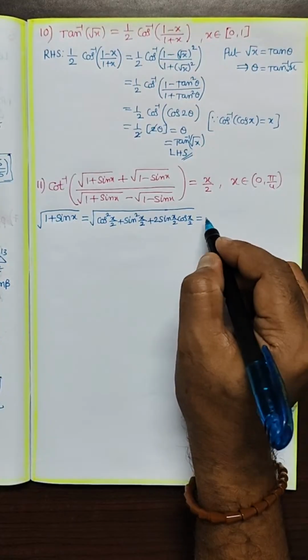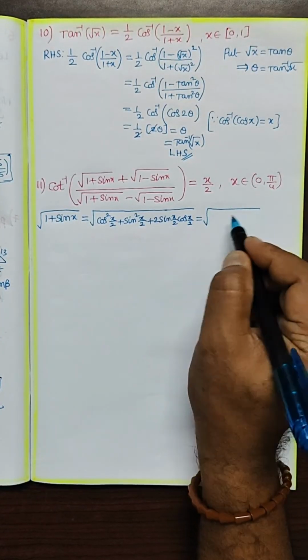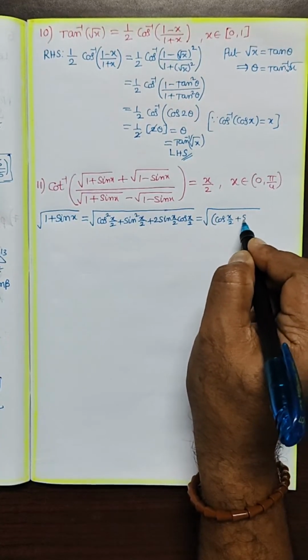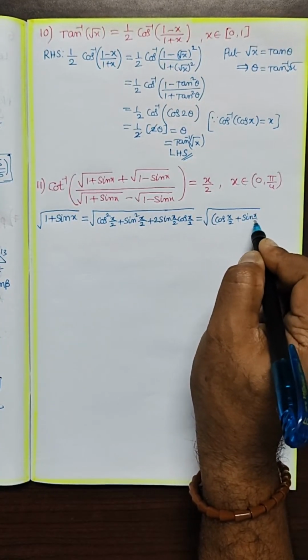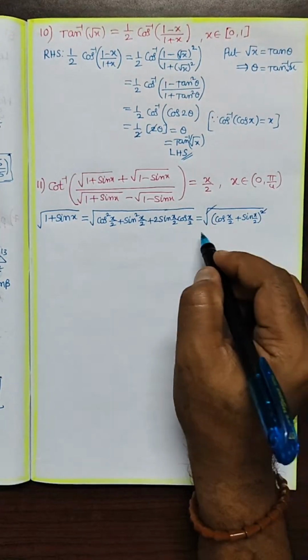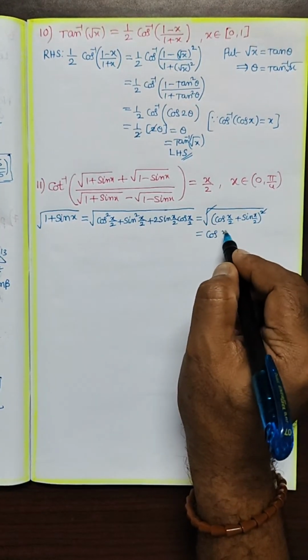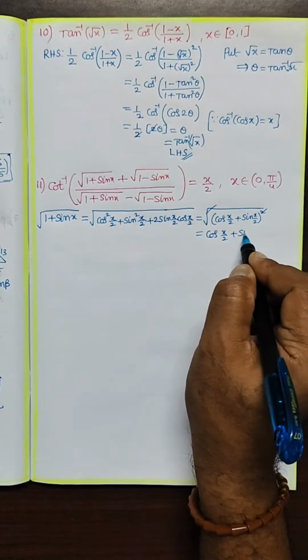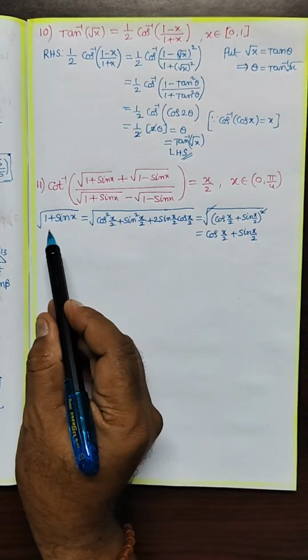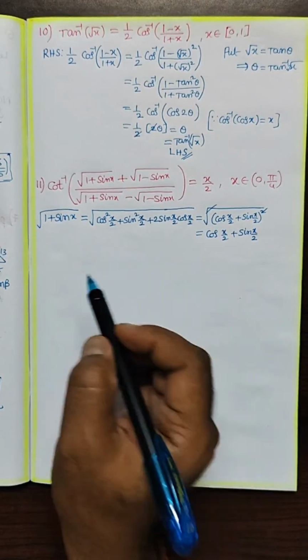So root 1 plus sin x is equal to square root of (cos x by 2 plus sin x by 2) whole square. Root and square cancel, you will get cos x by 2 plus sin x by 2. So this is root 1 plus sin x.